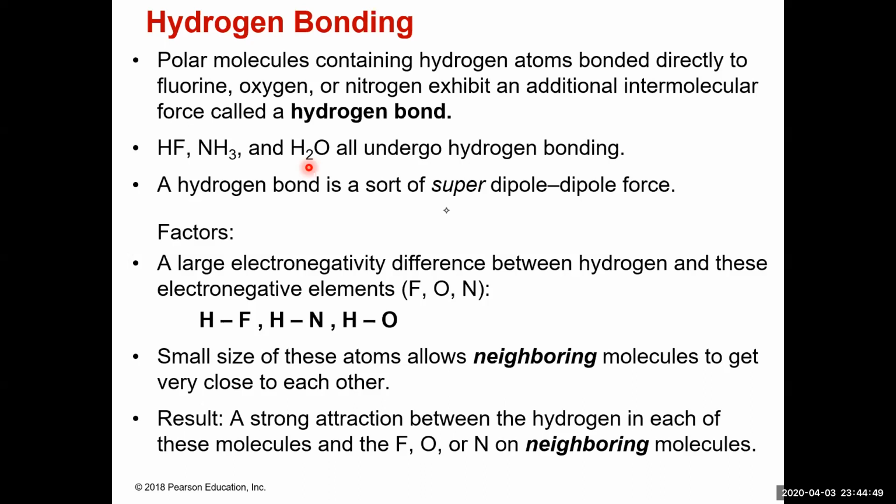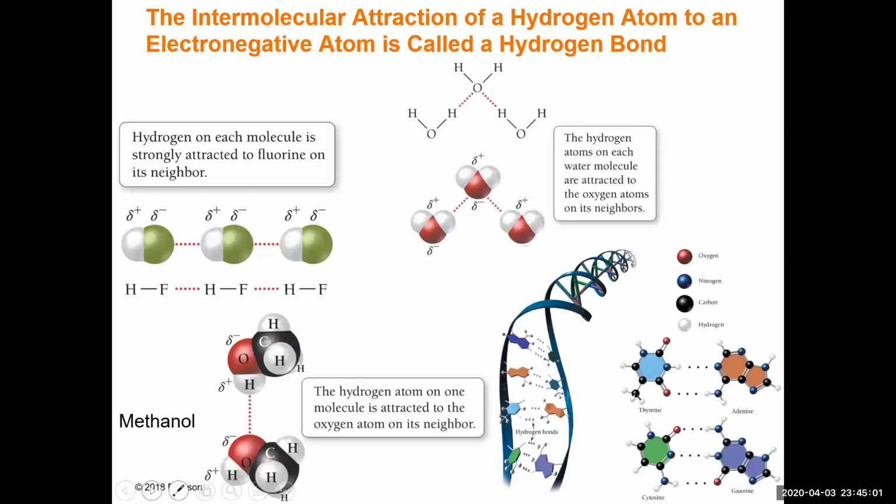As a result, we form a very strong attraction between the hydrogen in each of these molecules and the fluorine, oxygen, or nitrogen on the neighboring molecule. So again, the intermolecular attraction of a hydrogen atom to an electronegative atom, specifically the nitrogen, oxygen, or fluorine atom, is called a hydrogen bond.